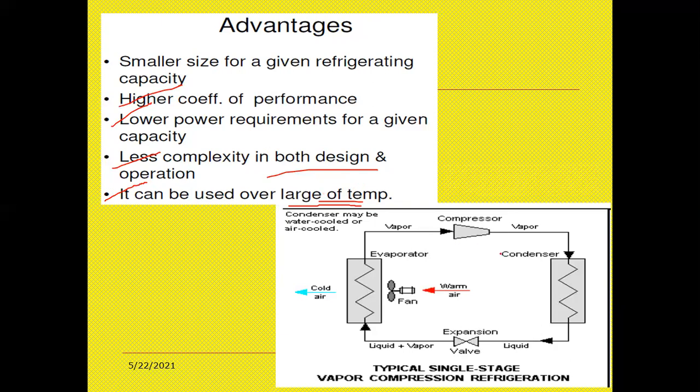If you see here the simple line diagram of the single stage vapor compression system, we have a condenser on one side, an expansion valve on one side, an evaporator on one side, and a compressor on one side. In some figures you can see the evaporator at the bottom.